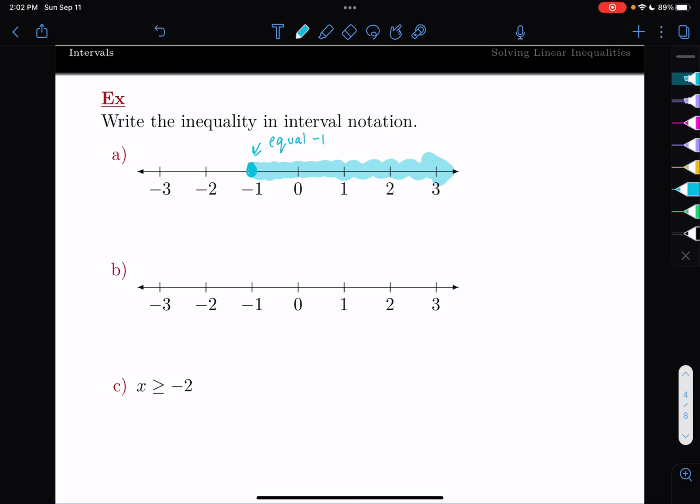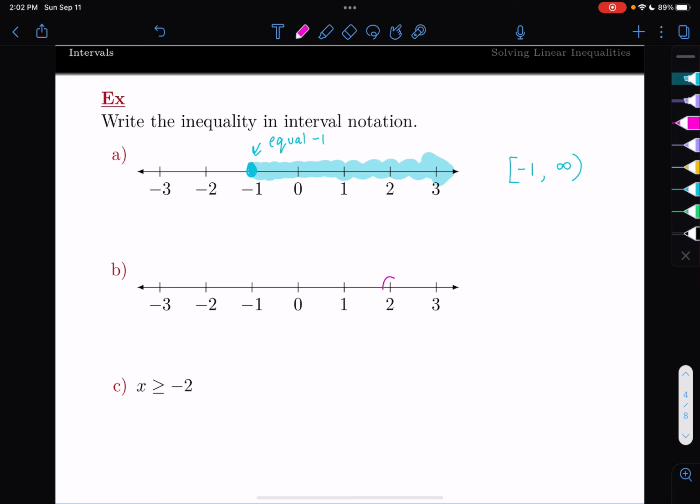And because of that, our interval, we read it left to right. The very first number that's important is -1, and I can equal it, so I put it in a bracket. And then we continue to the right forever, so we go on to positive infinity, but I can't actually equal that. So that would be our interval in interval notation.